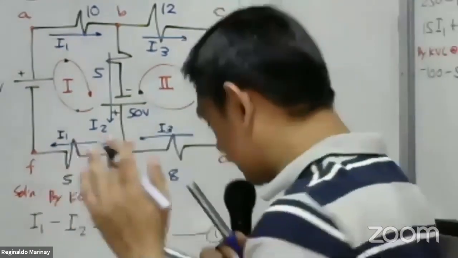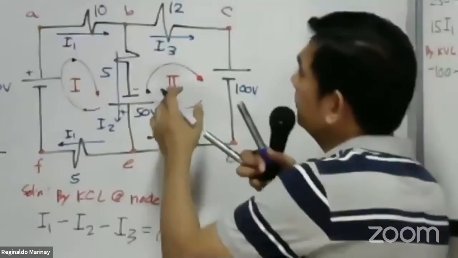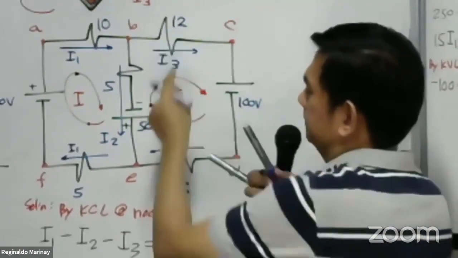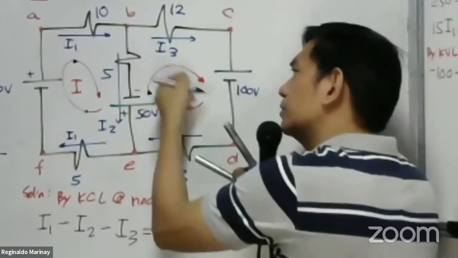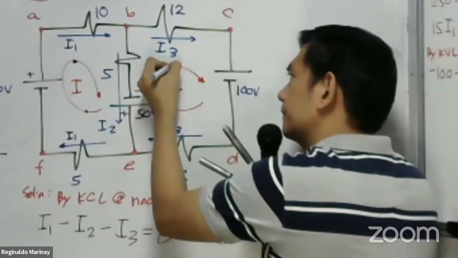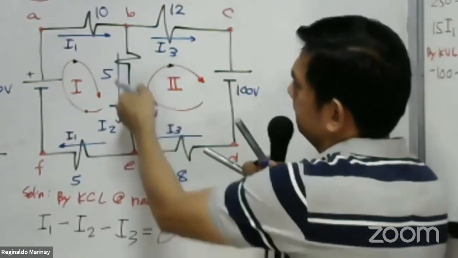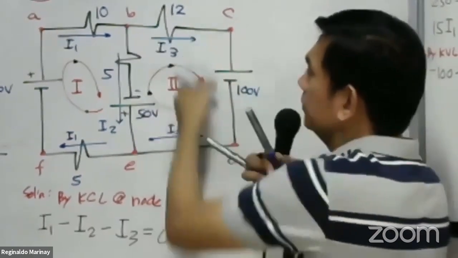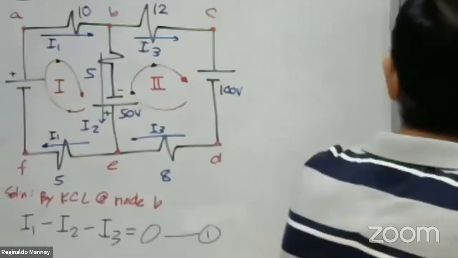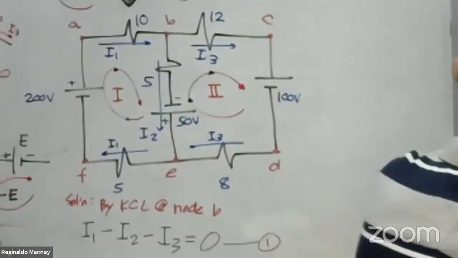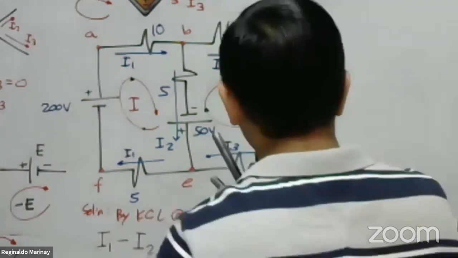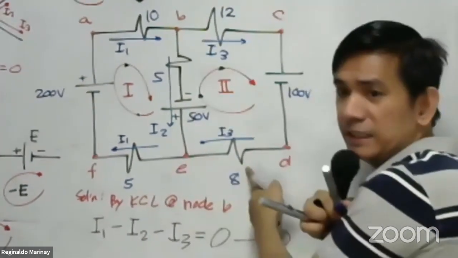Okay, what about now the voltage drop? The voltage drop is, let's have first for the 12 ohm resistance. The circuit tracing is going to the right. So that is to the right, one direction, one line. 12 I3. What about here in the 8 ohm resistance?